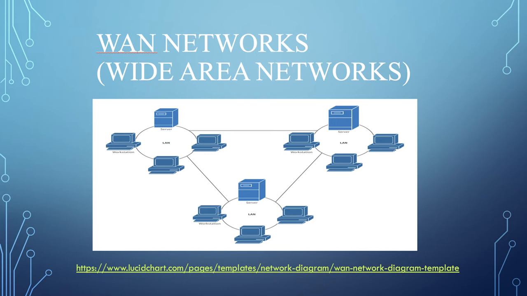So you usually have to use some sort of outside company to help you connect your LANs together. Your LAN can be its own little entity, closed off from the rest of the world, but to connect them you usually have to go beyond the scope of your own personal network.